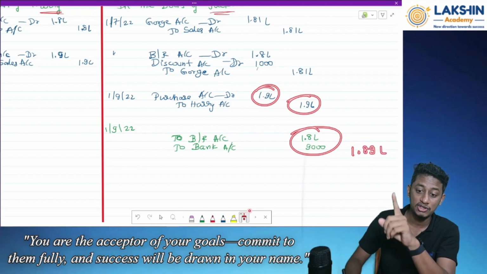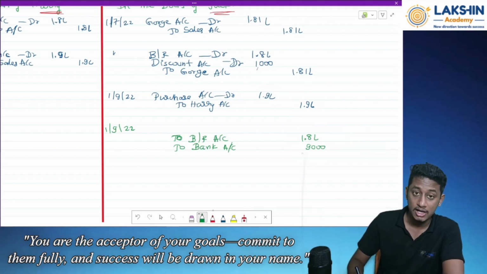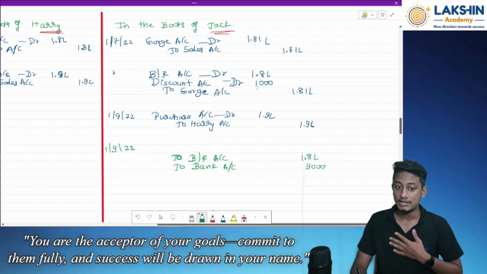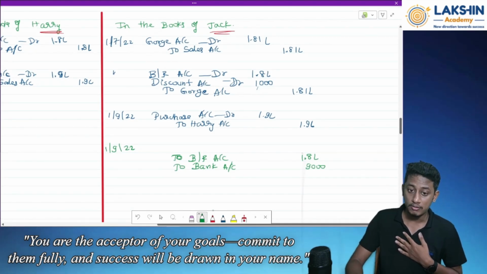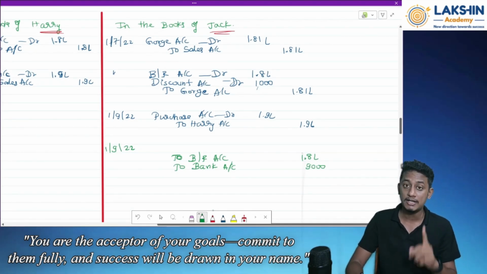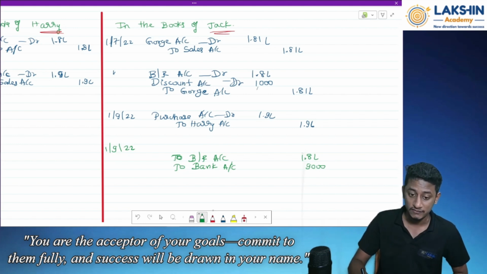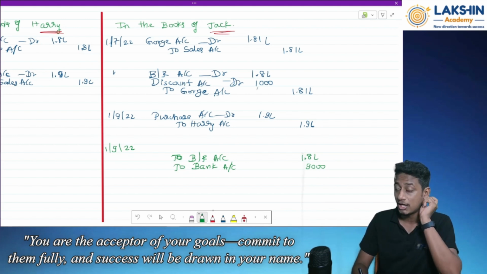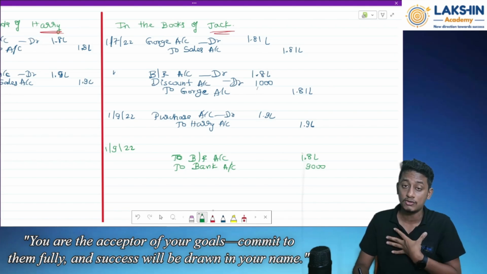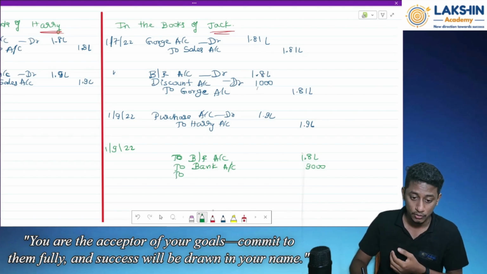So that means 1,000 rupees is a discount received, because Jack was supposed to pay. Now, is Jack paying the whole amount? No, he's paying only 1,89,000 out of rupees 1,90,000. Because of this, 1,000 rupees is a discount received, so it is an income to me. So to discount account, rupees 1,000.